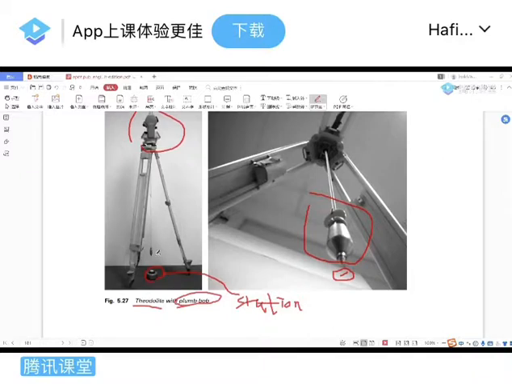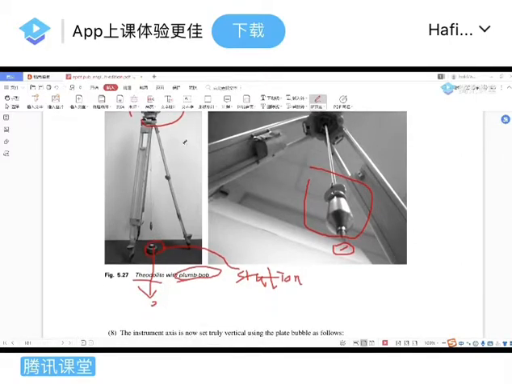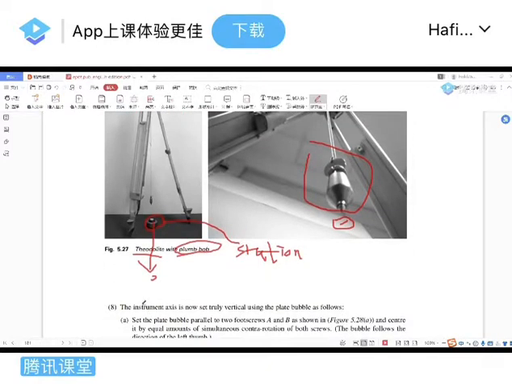Okay, so this is basically the perpendicular one, perpendicular to the Earth's gravity. So it will point to the Earth's center. This one points to the Earth's center, because gravity pulls this way. If you treat the Earth as one part, it will point to the center of the Earth.